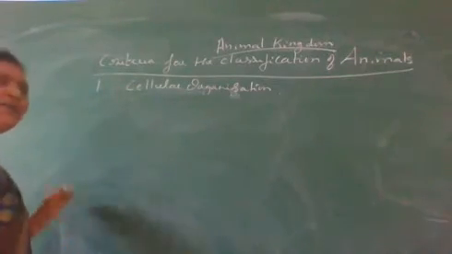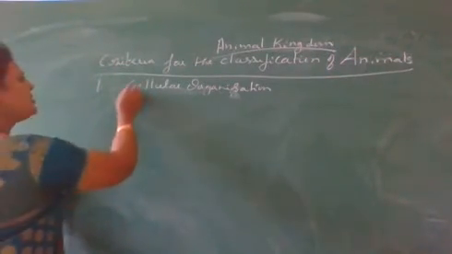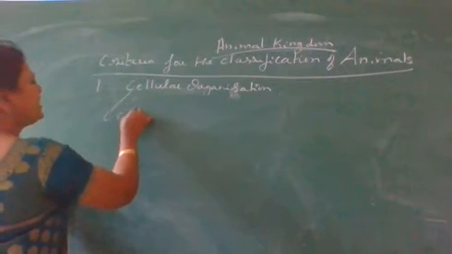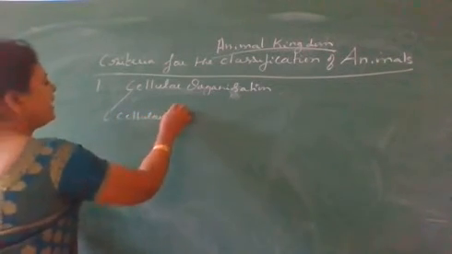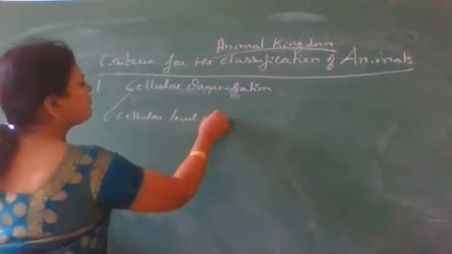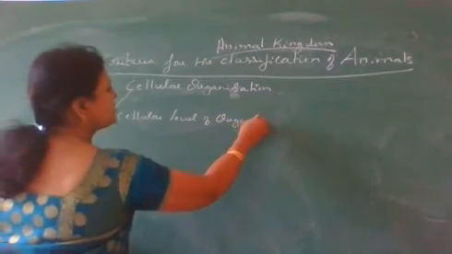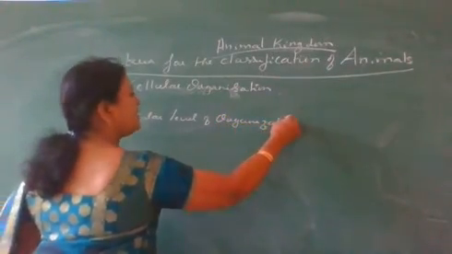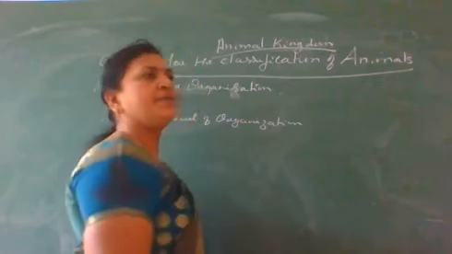Some animals show only a cellular level of organization without tissue grade.